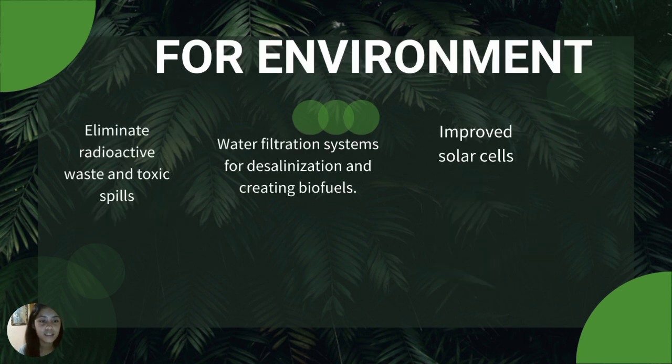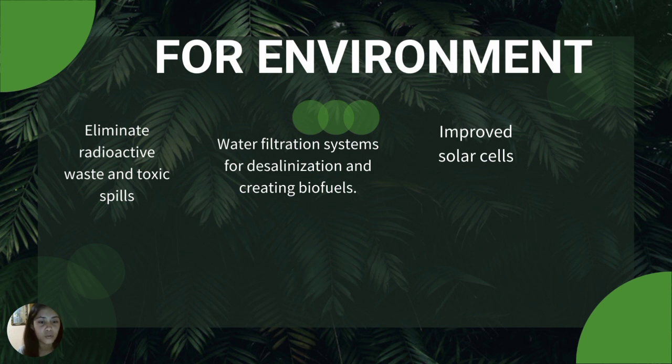For the environment, it can eliminate radioactive waste and toxic spills, and we all know that radioactive waste is very harmful to humans. Thus, this graphene in our environment can help eliminate the waste and toxic spills from radioactive materials. And then second, water filtration systems for desalinization and creating biofuels.